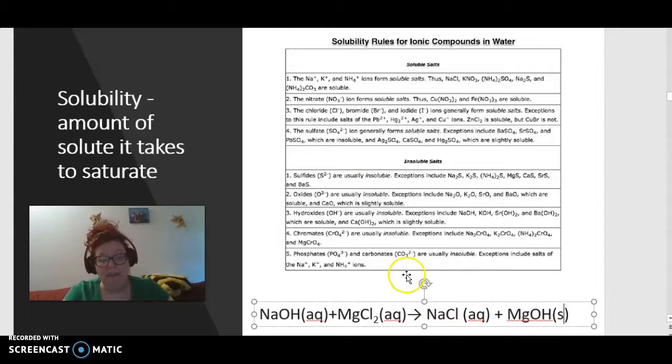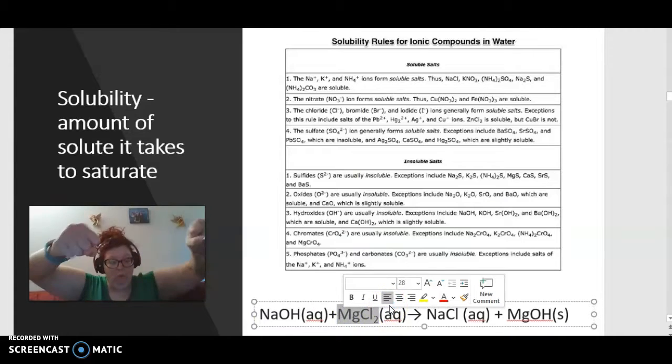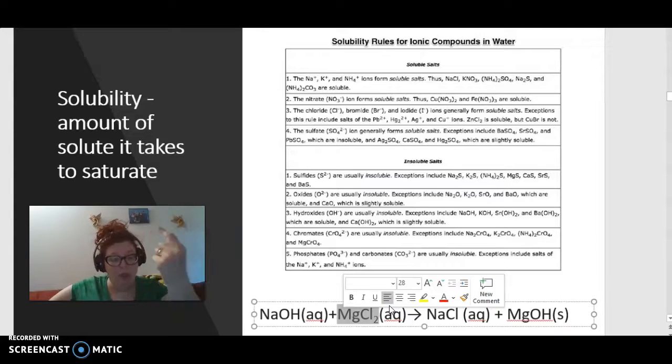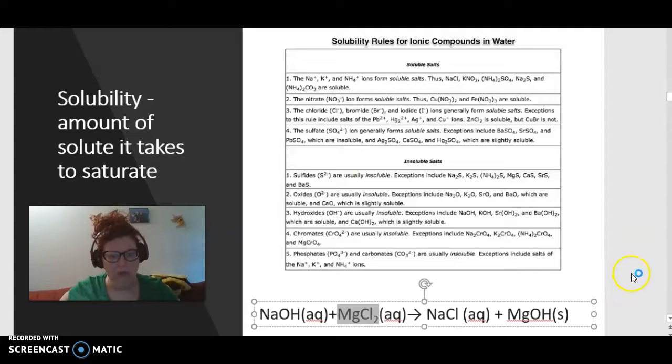So it basically means when you stir sodium hydroxide and magnesium chloride and you pour them together in a beaker, you're going to end up with salt water, basically NaCl in the water, but then you're going to have magnesium hydroxide dribble out. Pretty cool, huh?